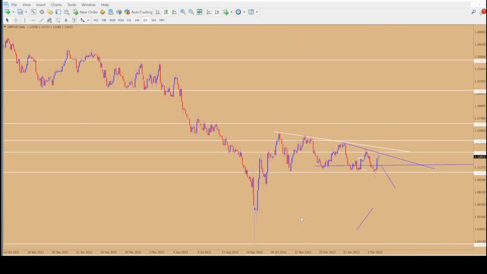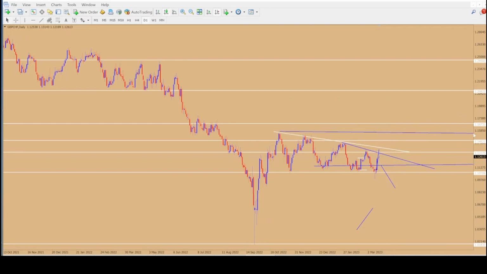Now to GBPCHF. Now for GBPCHF, you remember, if you checked last week's analysis, I told you it's possibly a good buy to get if it closes above this diagonal resistance and also this horizontal resistance at the 1.1315. Close above both of them, then you could target even as high as this.